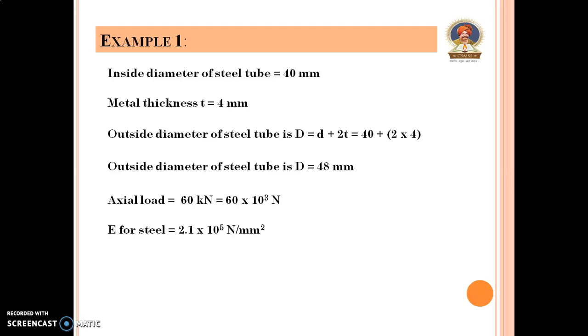Then E for steel, that is Young's modulus for steel, 2.1 into 10 raised to 5 Newton per mm square. E for concrete, 0.14 into 10 raised to 5 Newton per mm square. And we are going to find the stress in steel material and stress in concrete material.